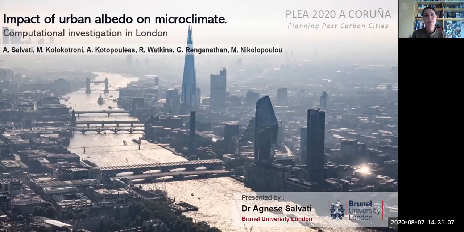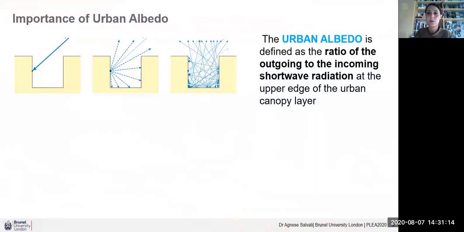I am from Brunel University, London, and the study is titled Impact of Urban Albedo on Microclimate. So, urban albedo is a variable defined as the ratio of the outgoing to the incoming shortwave radiation at the upper edge of the urban canopy layer.